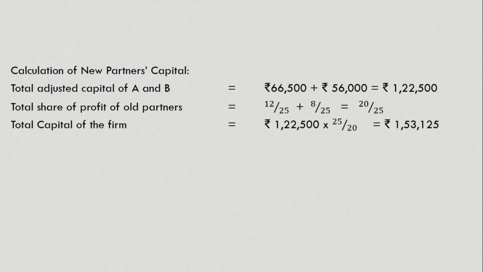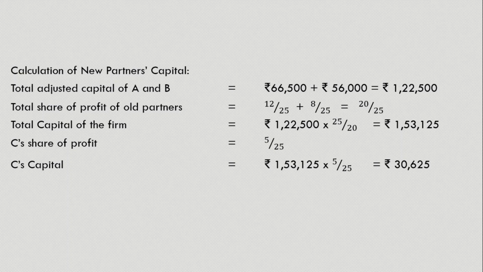Calculate the total capital of the new firm: 1,22,500 into 25 upon 20. We will take the reciprocal of the share. So it comes to 1,53,125. Now take C's share 5 by 25. Multiply the amount and we will get 30,625 as C's capital.